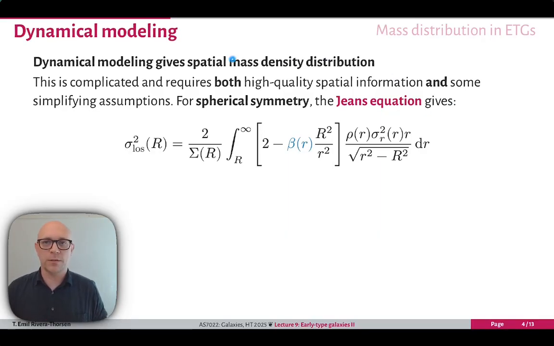But what we basically do, to outline it, is that if we assume spherical symmetry, then we get what's called the Jeans equation, which tells us that at a given radius, and this is a projected radius seen from our position, a projected radius from the center of the galaxy, the velocity dispersion along the line of sight at this projected radius squared is given by this formula here, where the first thing we have is the surface density of a tracer population of stars that we use to perform this measurement.